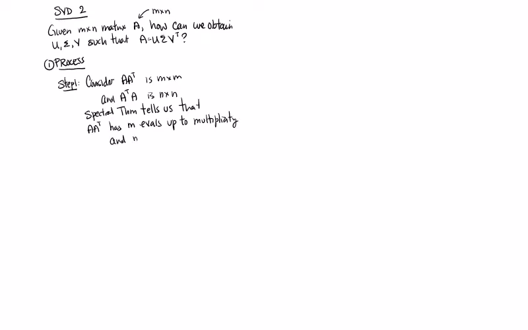And it also follows, by the same theorem, that A transpose A has n eigenvalues up to multiplicity and n perpendicular eigenvectors. Just for reference, these facts are easy. These facts are hard.